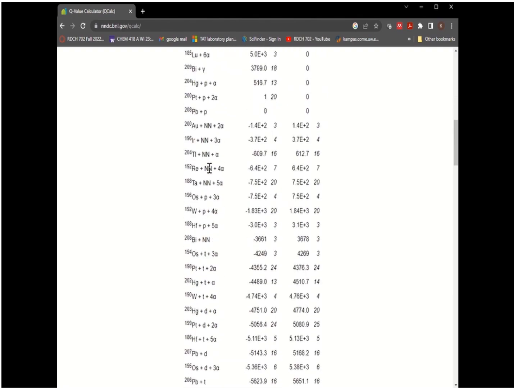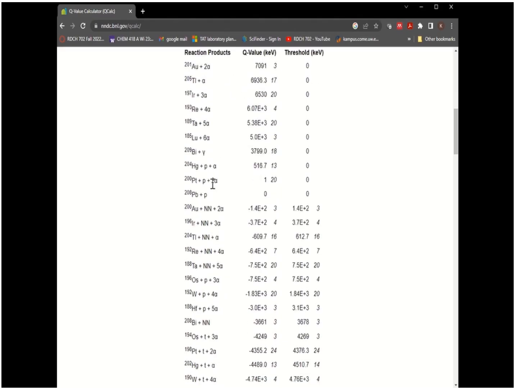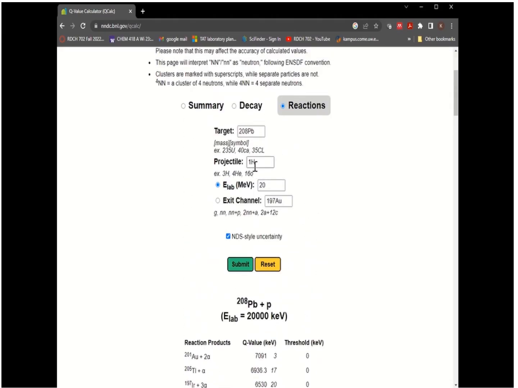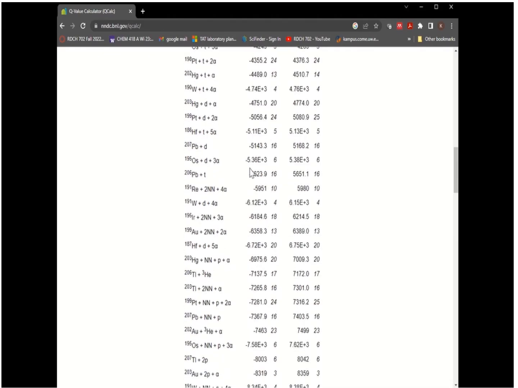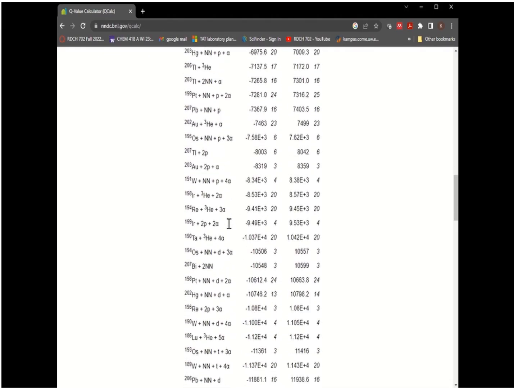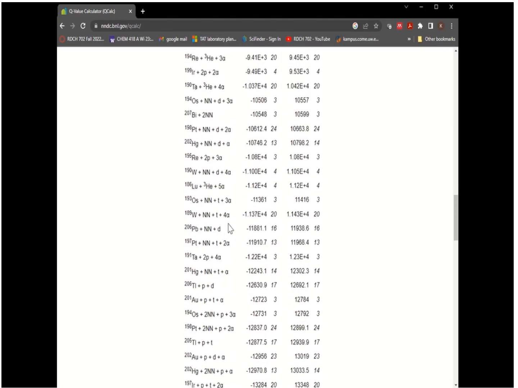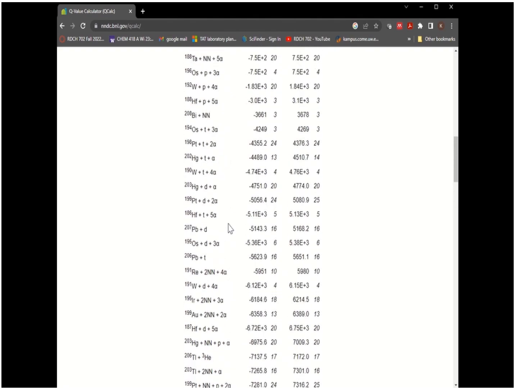Here's gold-201 made with two alphas coming out, thallium-205 with an alpha, and here's bismuth-209 emitting a gamma, so it just absorbs that proton. For a given nuclear reaction, there are lots of different probabilities and reaction mechanisms. These probabilities for each reaction are described by a cross-section, and we'll describe that later in the course.